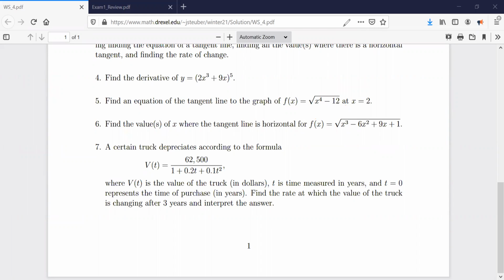Cool. So find the values of x where the tangent line is horizontal for f of x equals the square root of x cubed minus 6x squared plus 9x plus 1. So what does it mean if the tangent line is horizontal?